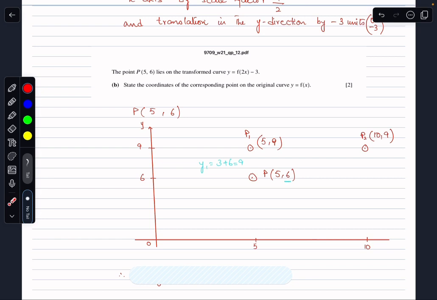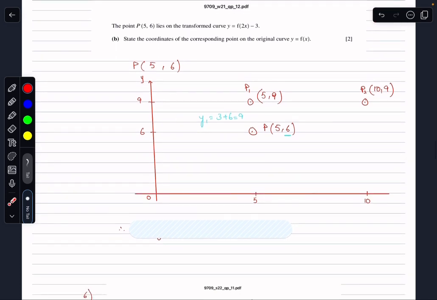So this confirms that initially this point P was at 10, 9. After transformation, it has transformed to 5, 6. Therefore, the original location for P 5, 6 has to be 10, 9. So this is the solution for this question. So the original point is 10, 9 here.